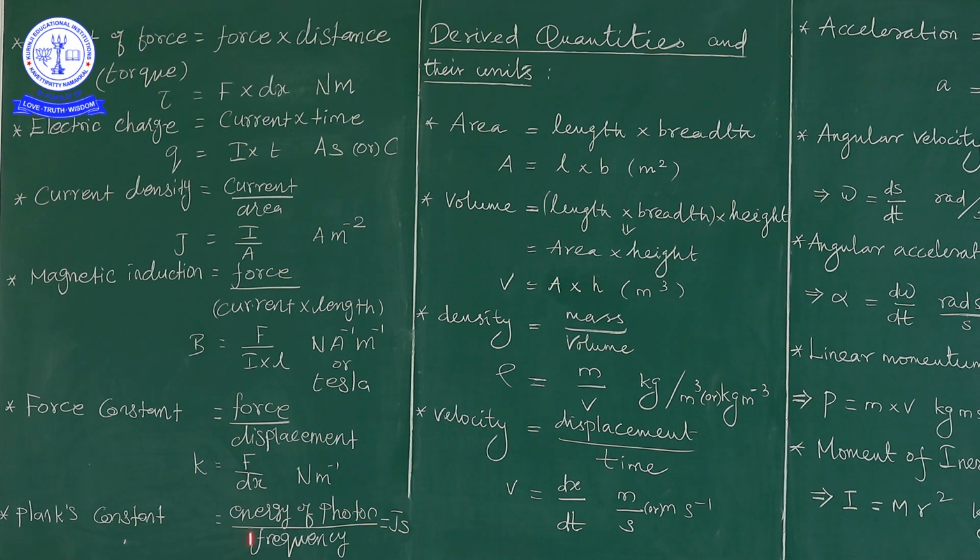From that expression we can simplify: h is equal to E by nu. The energy of each photon is in joule, and the frequency of the incident radiation is in hertz. So the Planck constant is expressed in the unit joule second.